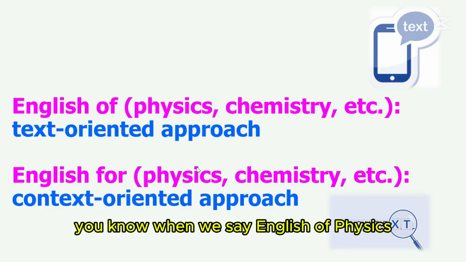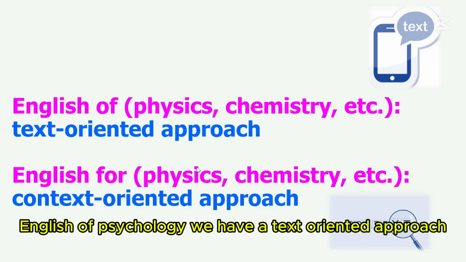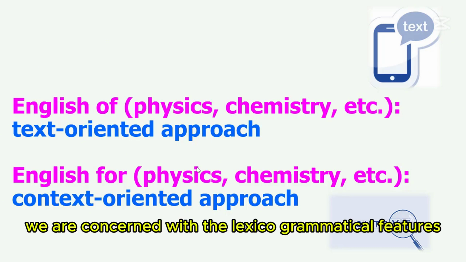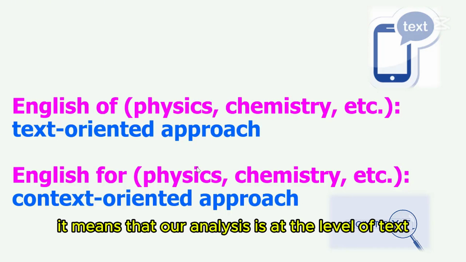When we say English of physics, English of chemistry, English of psychology, we have a text-oriented approach. It means that we are concerned with the technical terminology, the lexicogrammatical features, and the discursive practices. It means that our analysis is at the level of text.